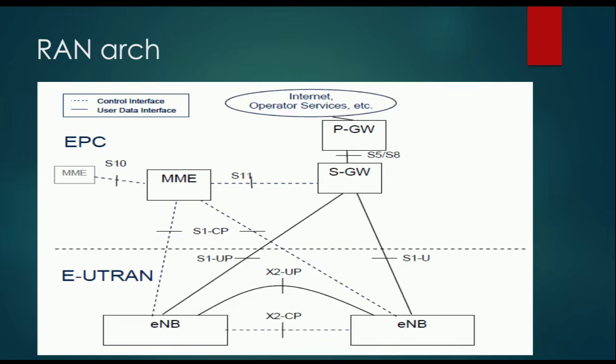You can see that the eNode B passes your traffic to the PS, packet switch, and circuit switch networks based on the traffic type. It means that if you want to connect to the internet, your traffic will go through the PS network. If you want to make a call or send an SMS, the traffic will go through the CS network.